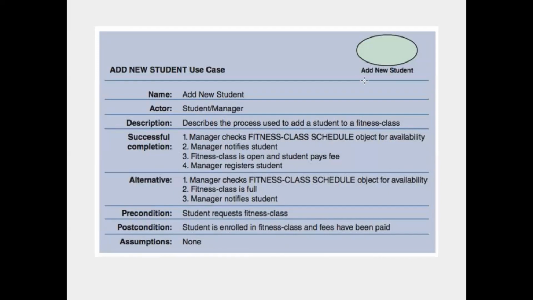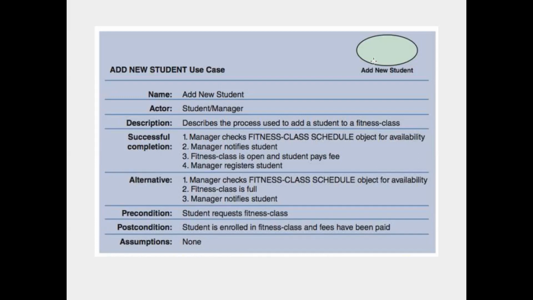In this particular case, we are establishing the add new student use case. So the name is add new student. Actor is who's going to interact with this particular use case. It could be student or it could be a manager. The description describes the process used to add a student to a fitness class.